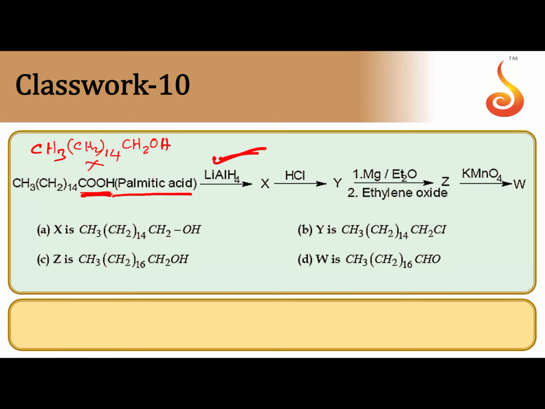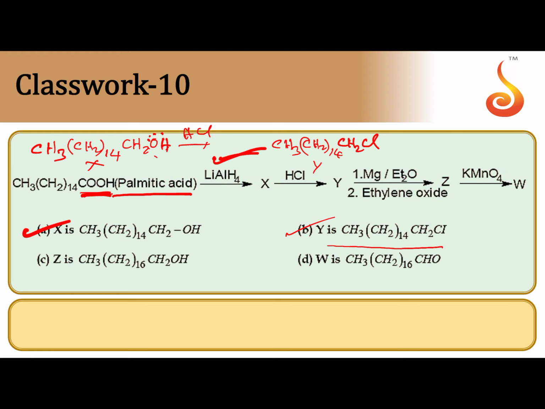So that is X. So in the options X given is correct. Next one, when it is reacted with hydrochloric acid, OH is replaced with Cl. So CH3(CH2)14CH2OH will become CH2Cl. That is Y. So you check the options. Y also correct.